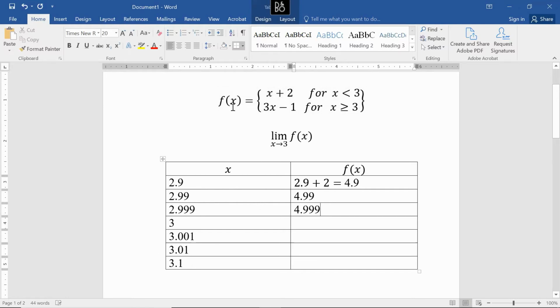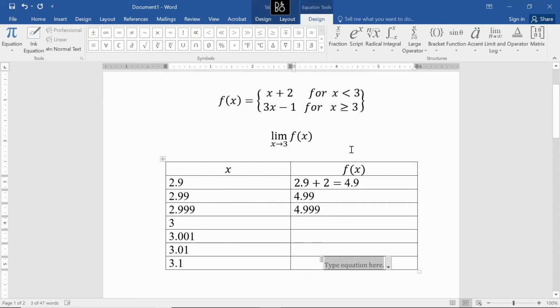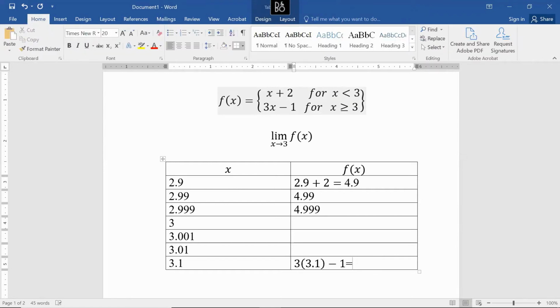So let's type in 3.1 into the function. Well, if we do that, then you're going to have to use this bottom expression, the 3x minus 1. So you're going to take 3 times 3.1 minus 1. You end up with 8.3.